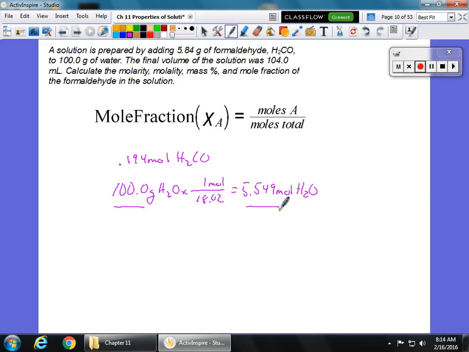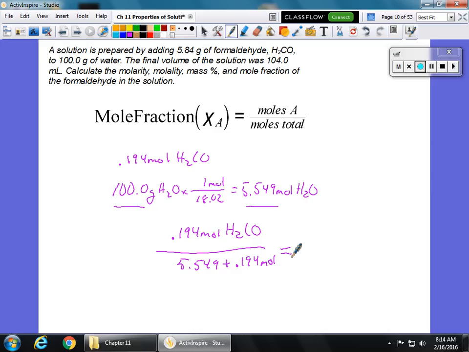So we need to find the total moles. We're going to put our 0.194 moles of the H2CO over the total moles, which are going to be 5.549 moles of water plus the 0.194 moles of the formaldehyde. And this is not times 100, this is a fraction.